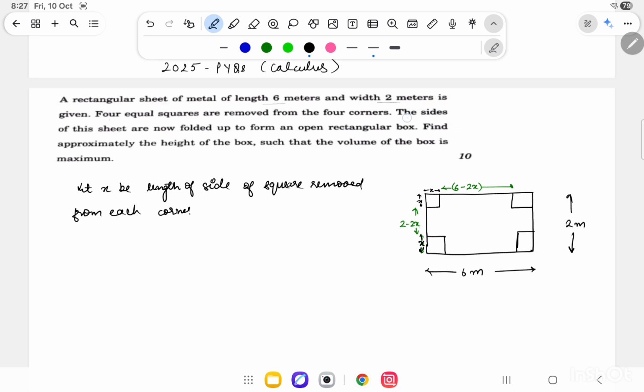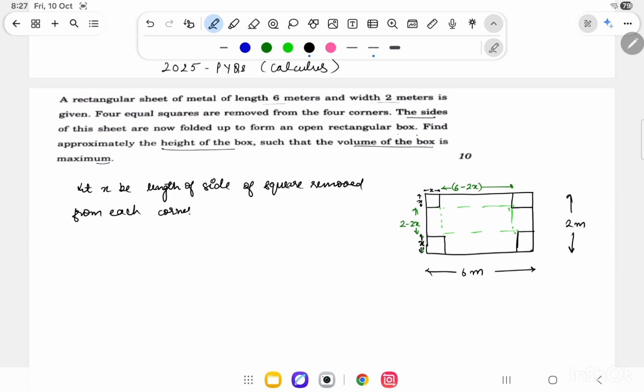It further says that the sides of this sheet are now folded up to form an open rectangular box. So these sides are folded up like this, from here and from here and from here, to form a rectangular box. We are supposed to approximate the height of the box such that the volume of the box is maximum.